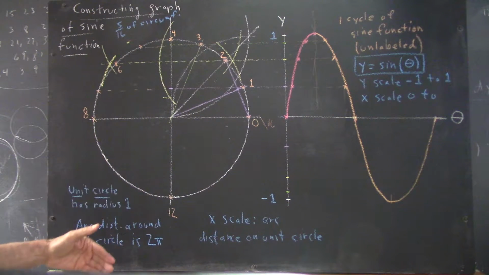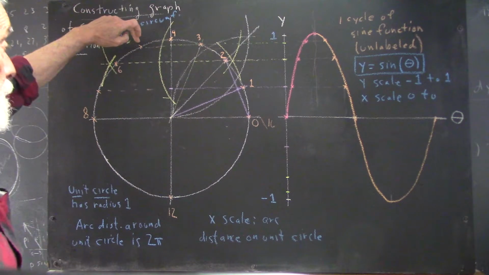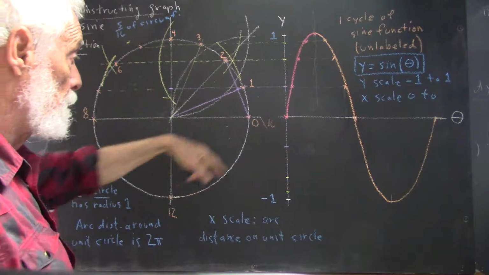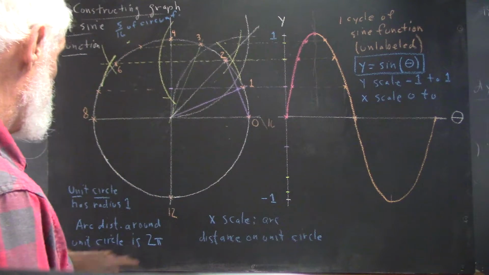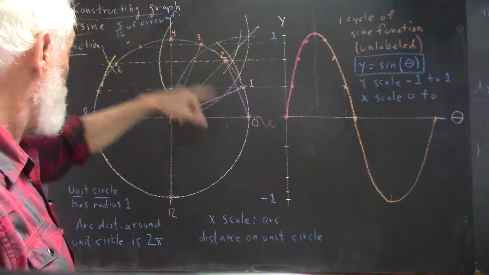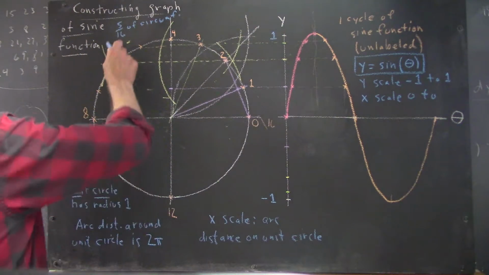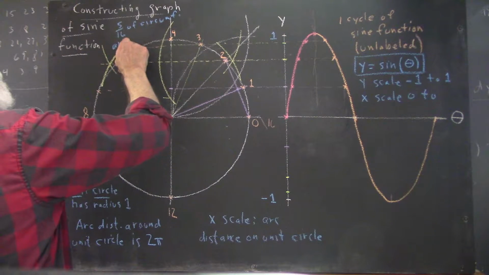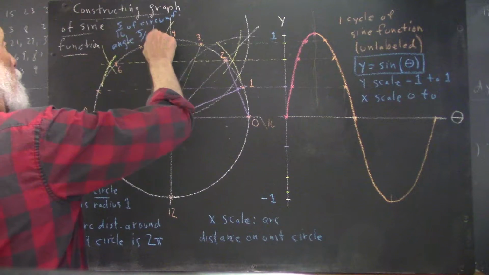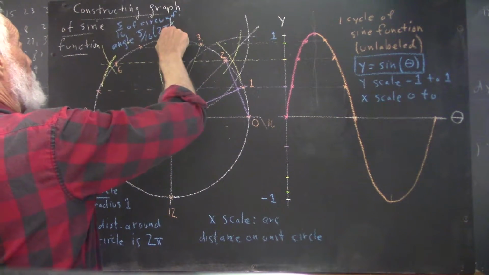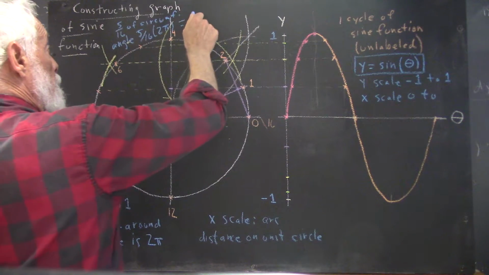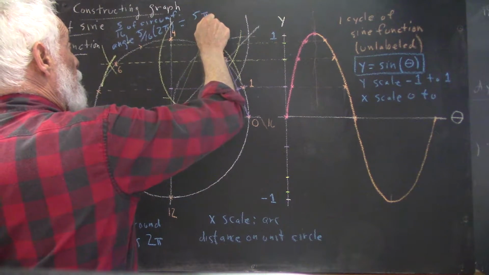So we're going to say now that our angle at this point is just the arc distance along the unit circle, which is 5/16 of the circumference, 5/16 of 2 pi. And of course we can do the arithmetic. 2 divides 16 8 times, so this is 5 pi over 8.